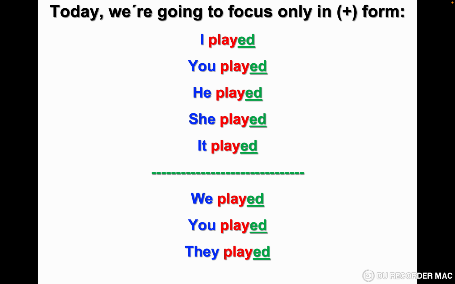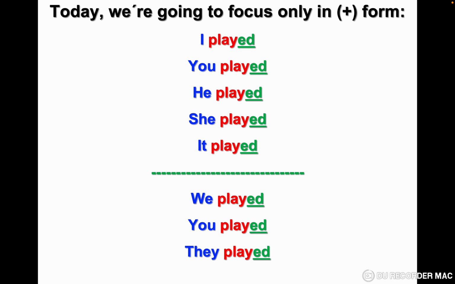What I am going to repeat for you today is what I said in the three previous lessons. That played with ed, we can use it only in the positive form. We cannot use it in the negative form, and we cannot use it in the question form. I hope you understand this point.